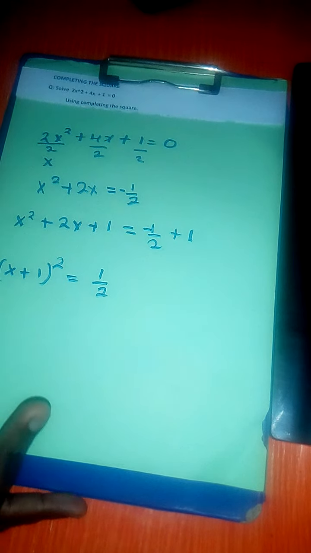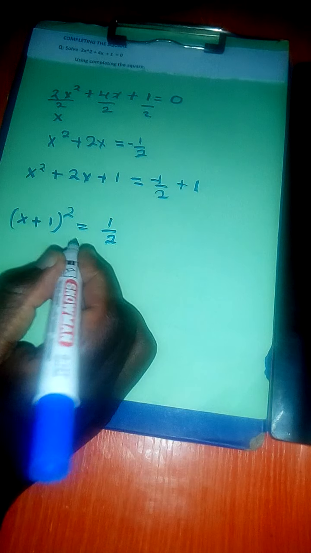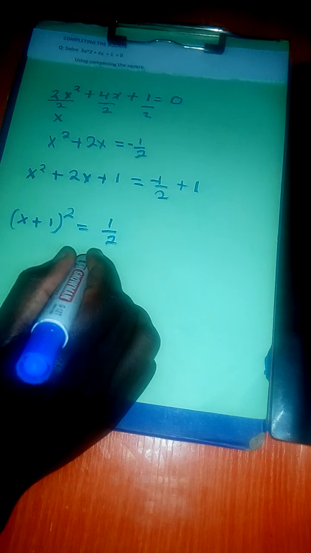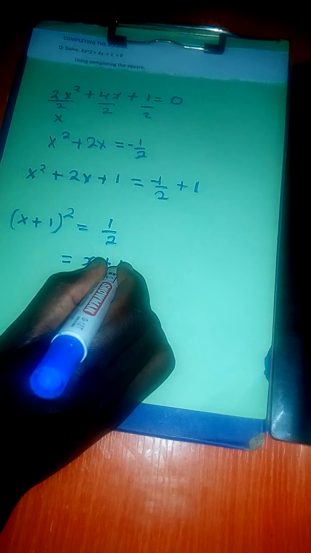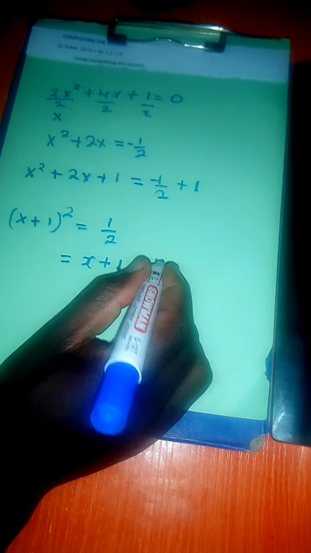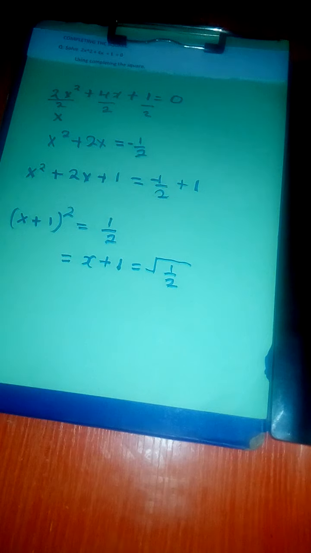This implies that x plus 1 is equivalent to the square root of a half. We are now square rooting this side and square rooting the other side.